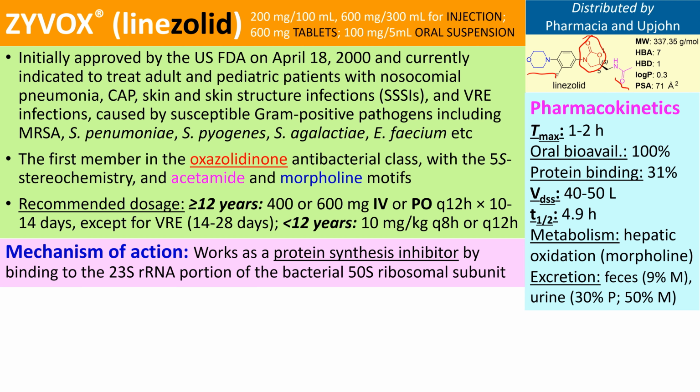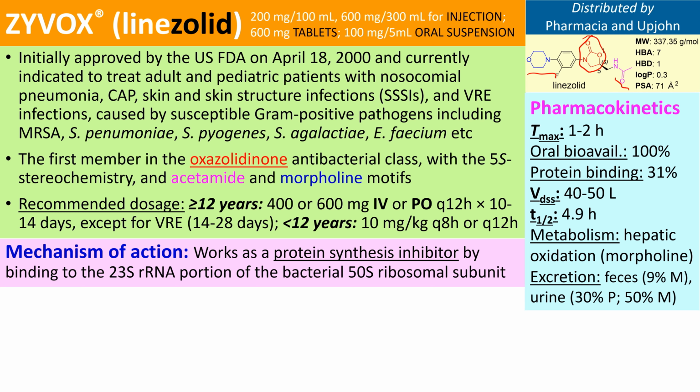The volume of distribution of linezolid at steady state ranges from 40 to 50 liters, indicating that it readily distributes to well-perfused tissues. The half-life in adult subjects is approximately 4.9 hours. Metabolism.